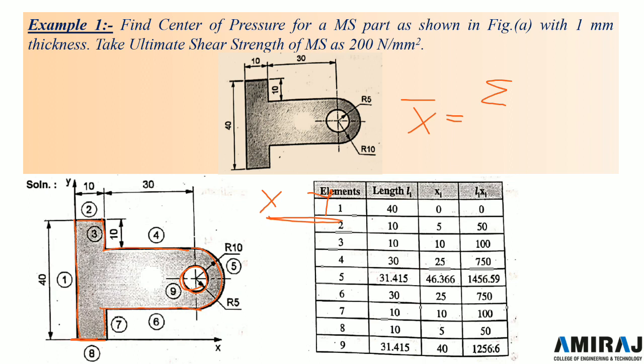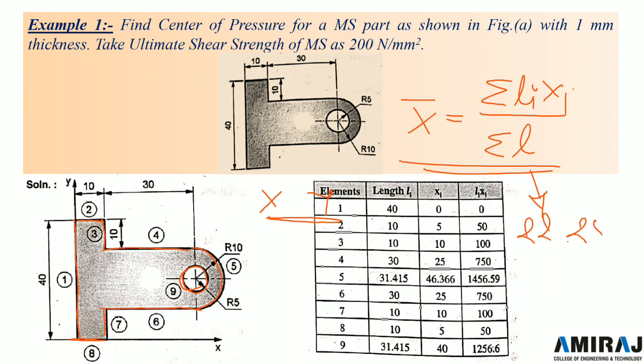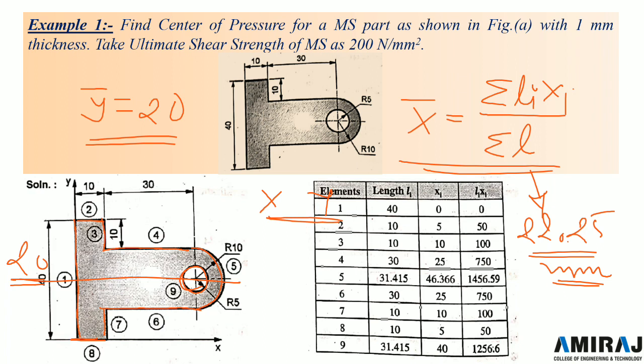So it will be sigma Li xi divided by sigma L. ये इक्वेशन हमको यूज़ करना है और उसके लिए पोजीशन ऑफ सेंटर फाइंड करना होगा और इसका आंसर आएगा 22.25 mm. So this will be the answer for the position of the center. And for y bar it will be 20 mm, the half position of this. So y bar will be 20, and in this way we can find the center of pressure.